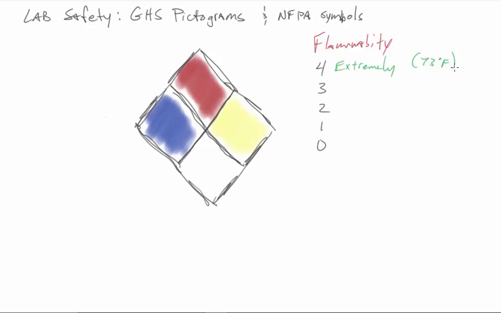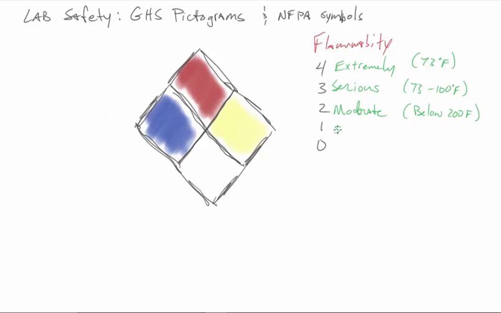All right. The number 3 is going to tell us that it is a serious flammable. The flash point here is between 73 and 100 degrees Fahrenheit. The second one is moderate, with a flash point below 200 degrees Fahrenheit.